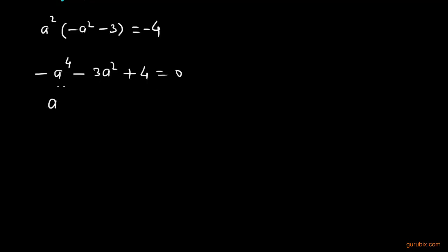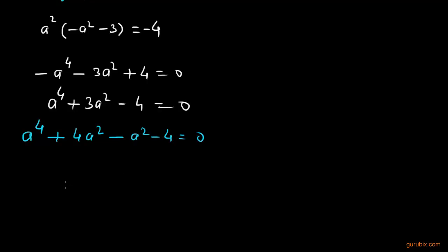Then we get a raised to the 4th power plus 3a square minus 4 equals 0, and we shall factorize this equation by using the middle term factorization method. Then it will be a raised to the 4th power, and here is 4a square minus a square minus 4 equals 0, and we shall take a square common from these first two terms.